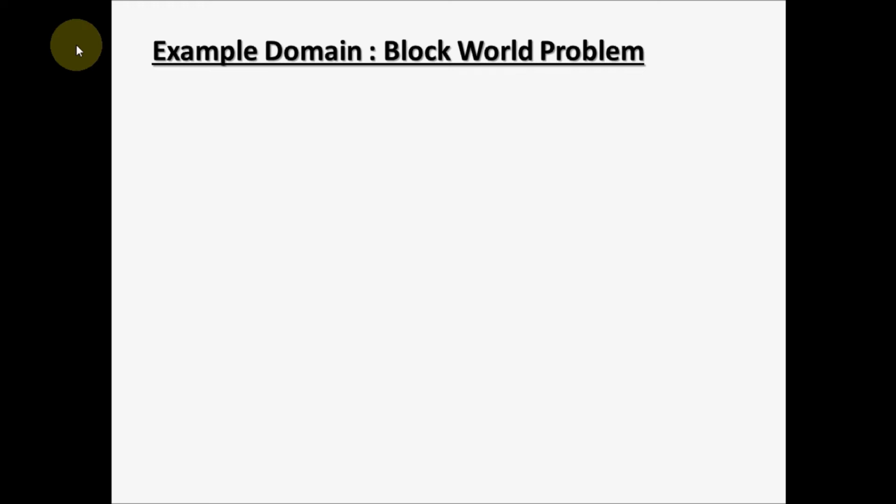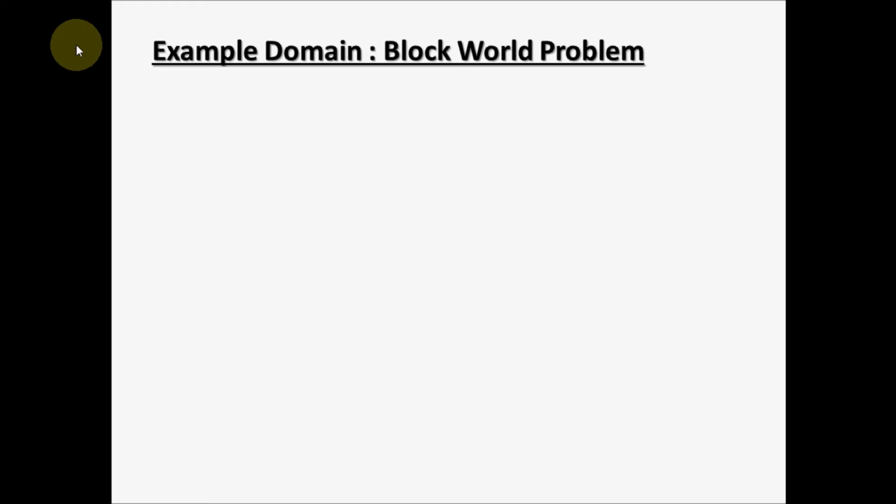So this is a kindergarten activity, but let us take that example in a slightly complex domain, wherein to pick up those blocks and to arrange them in an order, we are going to make use of a robotic arm. This is the robotic arm that is going to do all these activities.